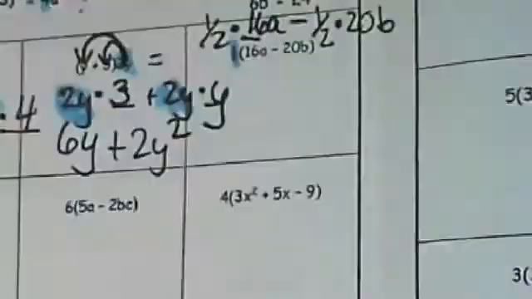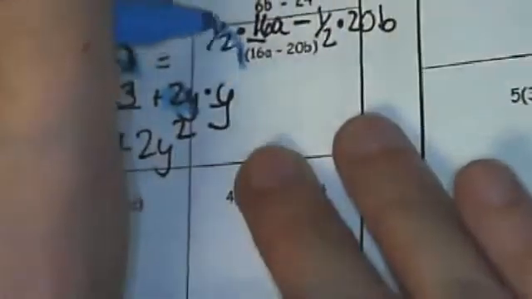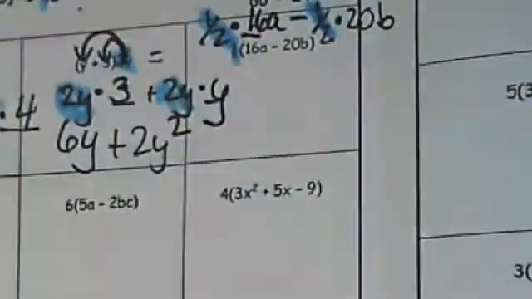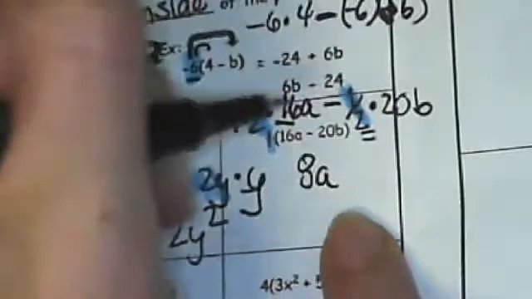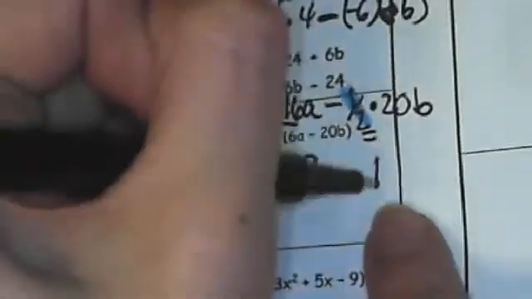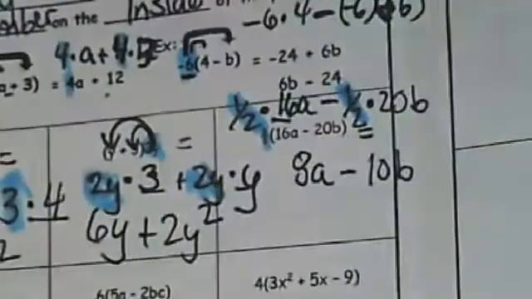You notice that the 1/2 is outside of my parentheses and the 1/2 is written twice. Now I can simplify this further. Half of 16 is 8, so that's 8a, minus 1/2 of 20 is 10, so that'd be 10b. So I simplified it.